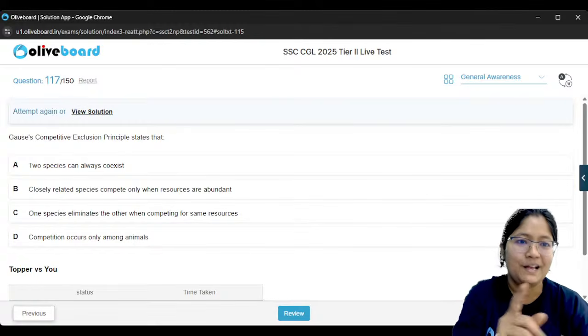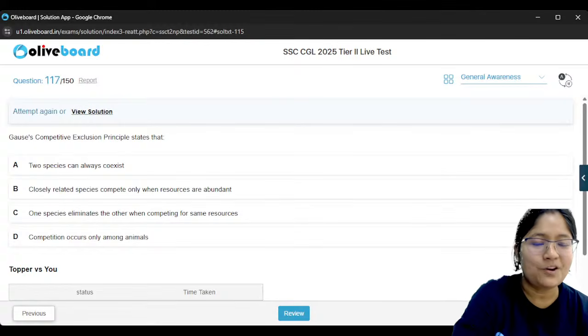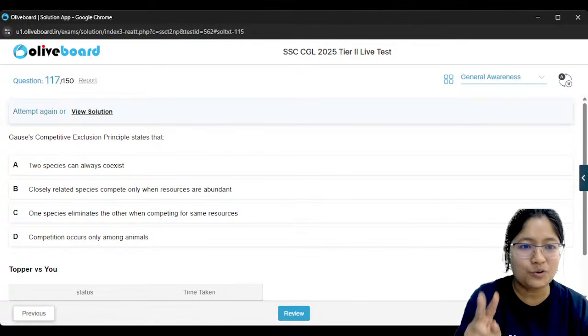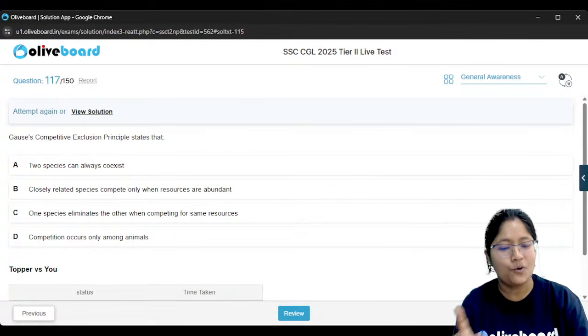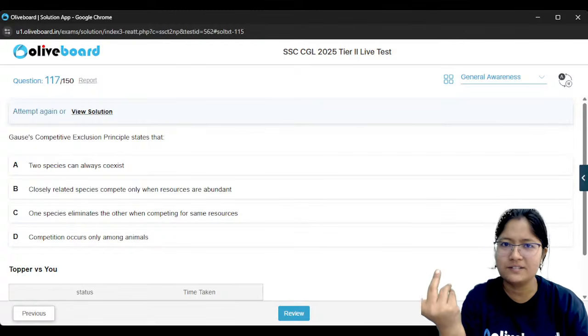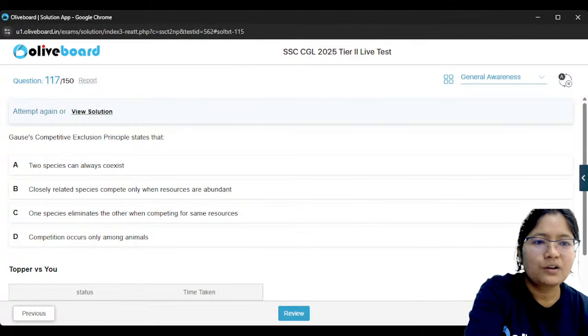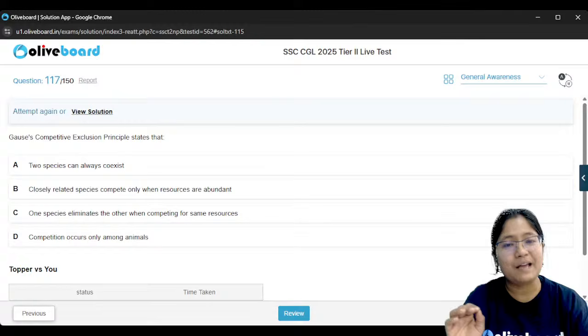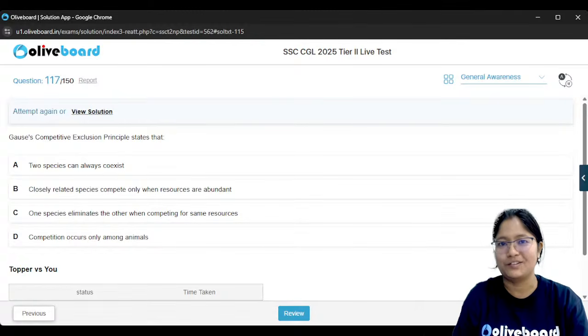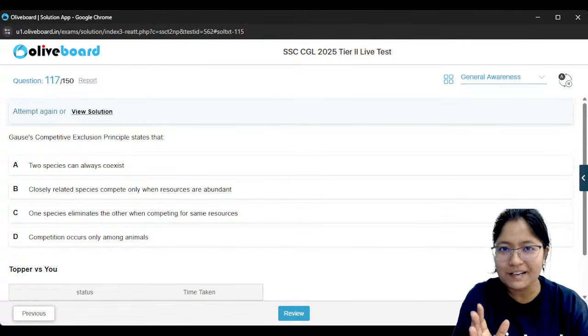It is not possible. Look at the options now. Gause's competitive exclusion principle states that 2 species can always coexist. Okay, 2 species can coexist, no problem. See, husband and wife coexist, no? Closely related species compete only when resources are abundant. Who competes if resources are abundant? Nobody will compete.